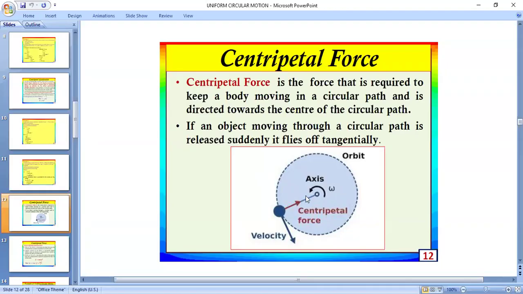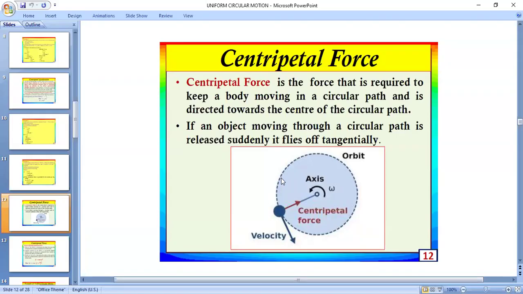If we have a vehicle moving around a roundabout, then that force is provided for by the force of friction between the tires and the road. I think those are the main cases. So we have tension force providing for centripetal force. We can have friction force providing for the centripetal force.